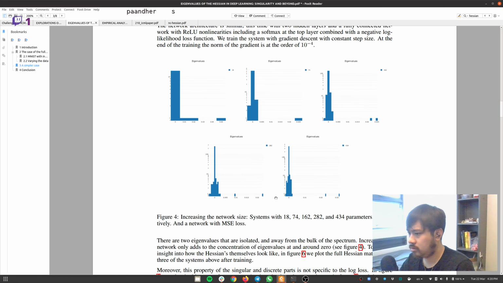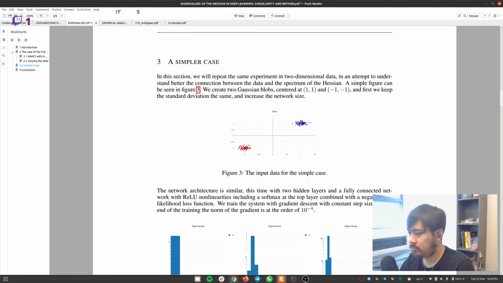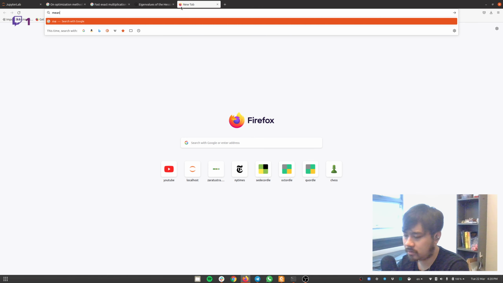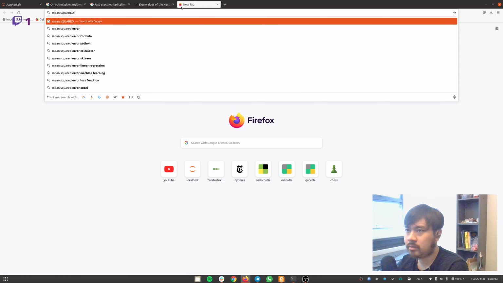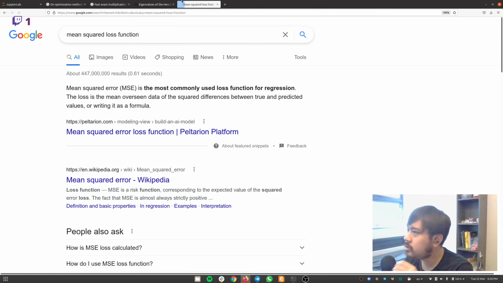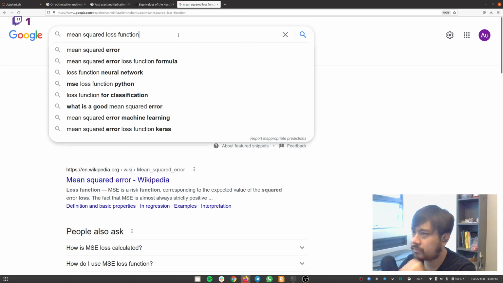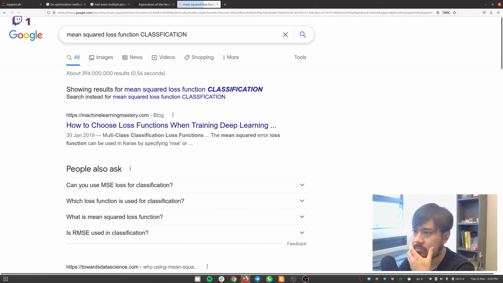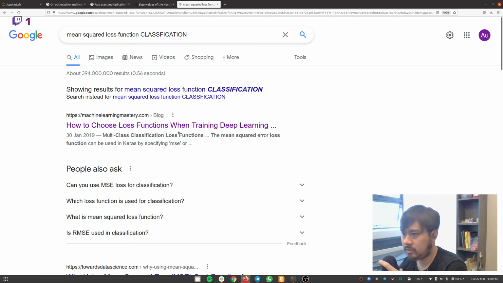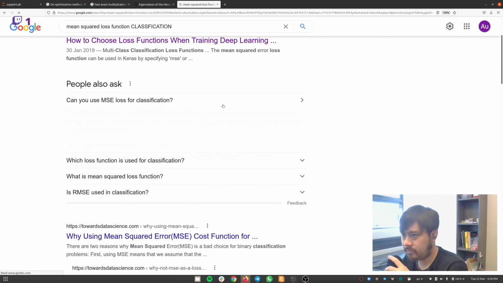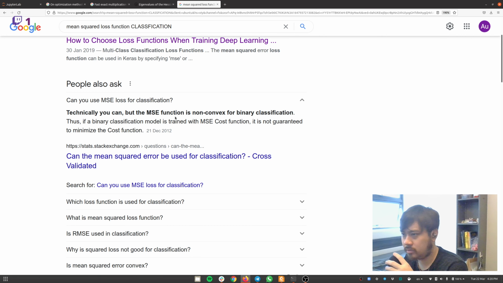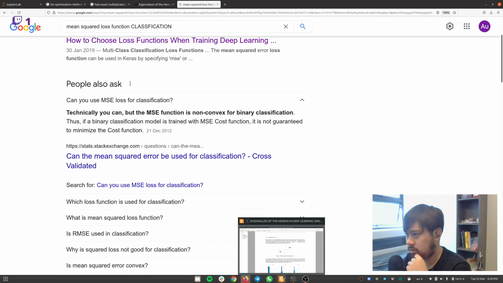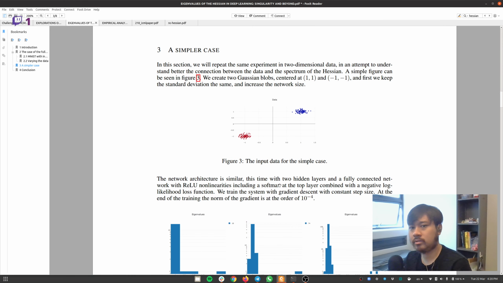Hold on. Is it mean squared loss? Oh, you could do mean squared loss, yeah, I guess. I mean, if you want to. No one's stopping you, I guess. Yeah, it's not convex for binary classification. Right. Yeah, I mean, you could.